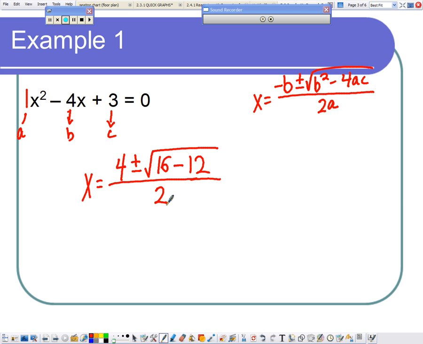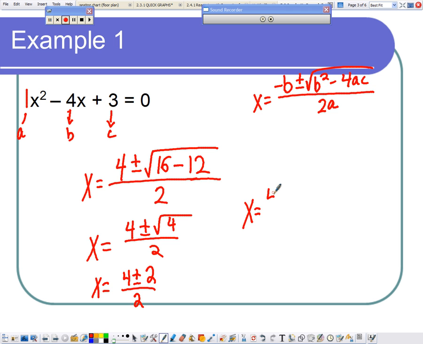Okay? And when you're simplifying this, x equals 4 plus or minus the square root of 16 minus 12, which is 4, all over 2. Okay? And since we can find the square root of 4, 4 plus or minus the square root of 4 is actually 2, all over 2. So our final answer is x equals 4 plus 2 all over 2, or 4 minus 2 all over 2.